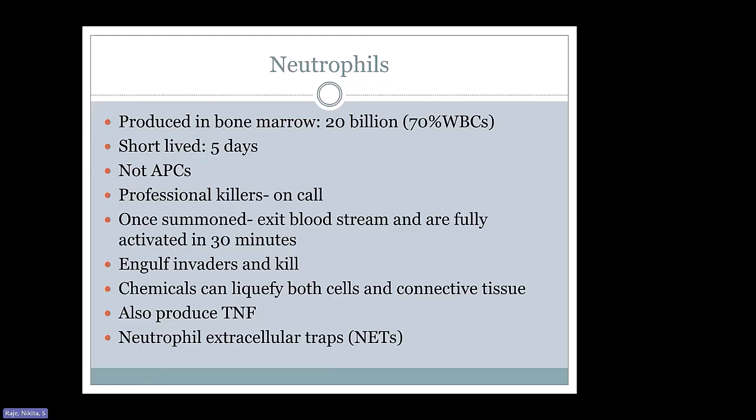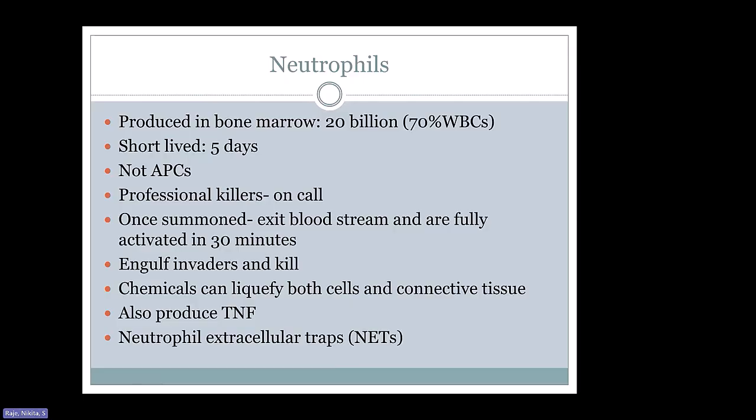And then apart from the phagocytosis and killing of the invaders inside the phagolysosome, they also form what is known as neutrophil extracellular traps, or nets. Nets, which means that the neutrophils extrude instead of engulfing the microbe and putting it in a phagolysosome where the enzymes are going to work and kill that microbe. Sometimes the microbe is very big, and neutrophils are like, well, we can't do anything because we can't engulf or phagocytose the microbe.